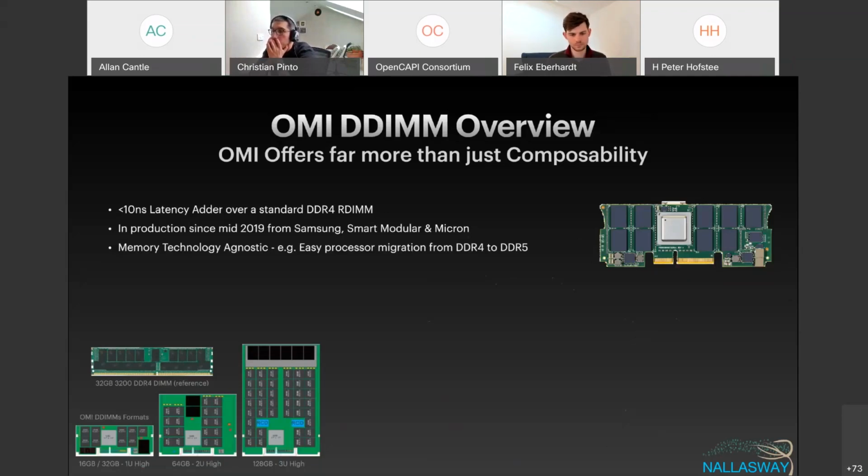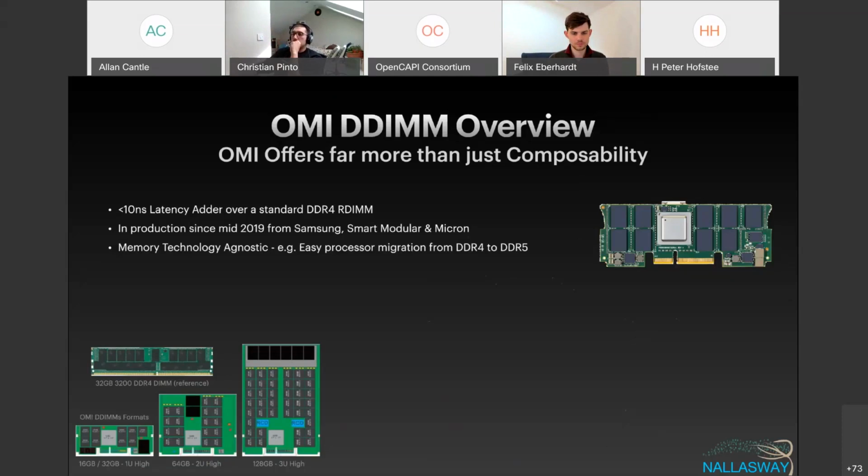OMI has achieved a fundamentally amazing latency adder of less than 10 nanoseconds over the standard DRAM channel versus a standard DDR4 RDIMM. And this is absolutely fundamental, otherwise this doesn't work. Arguably as well, transceiver speeds have been playing a great deal of catch up recently, which really does make them more viable for serial attached memory.